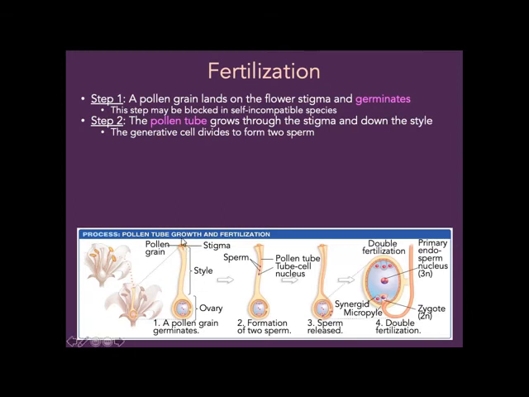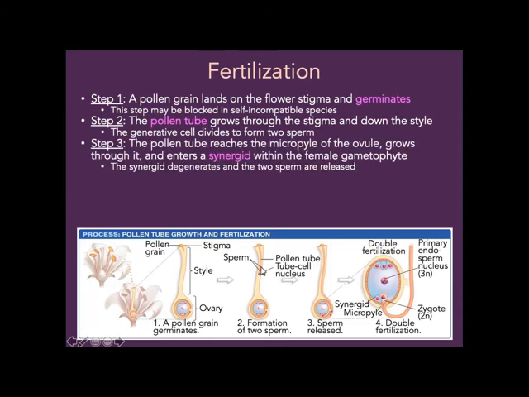All right, step 2, the pollen tube grows all the way down through the stigma and through the style, and then that generative cell divides to form 2 sperm, which it sends down there. So here's your pollen tube, here's the nucleus of the tube cell, and then here's the 2 sperm that came from the generative cell.